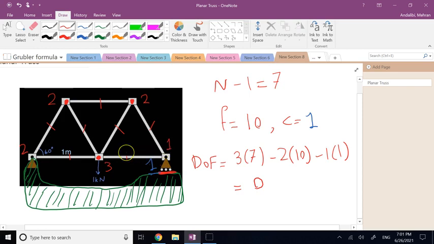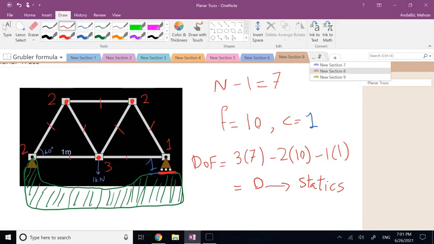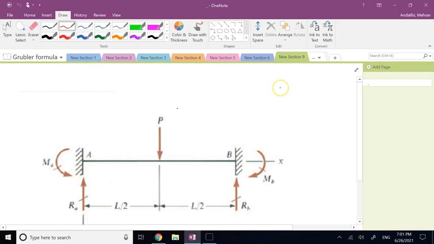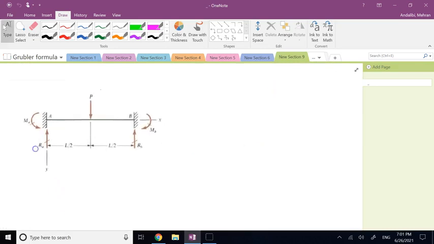This system cannot move. The system cannot move. 0 means the system is in static position. It cannot move. Okay? But sometimes not only you can get 0, you can get less than 0.